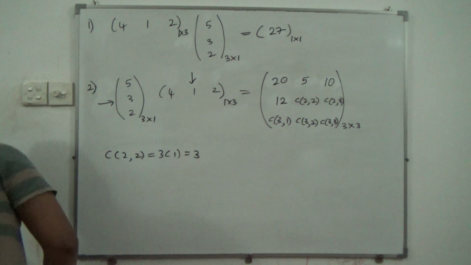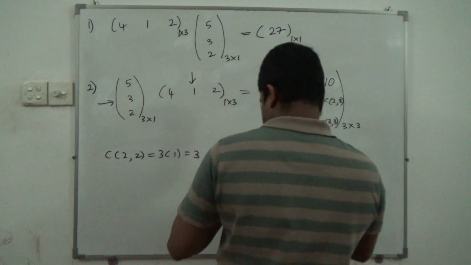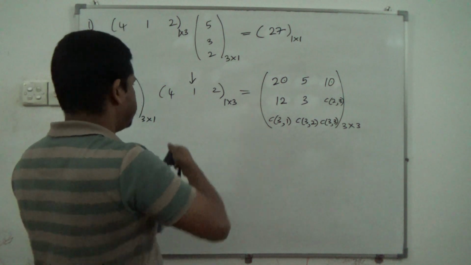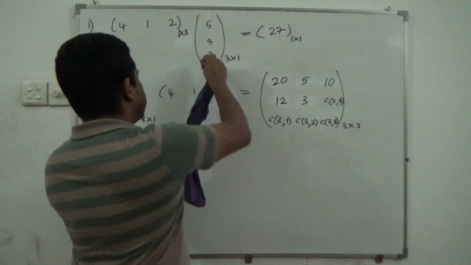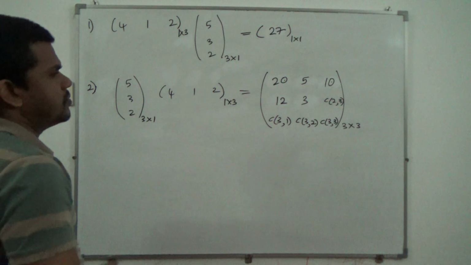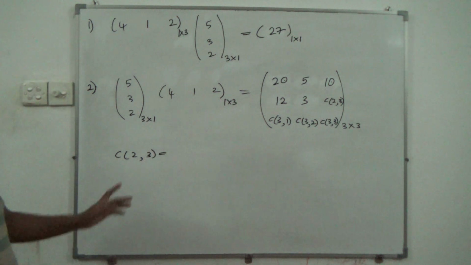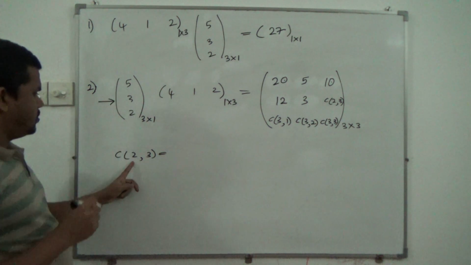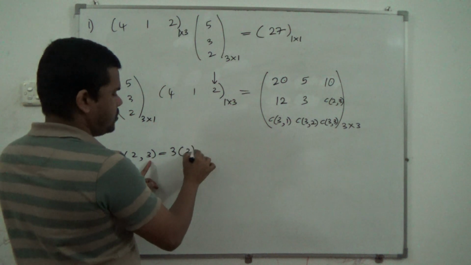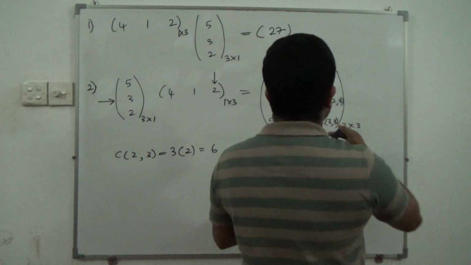Therefore, here we have 3. C2,3: in the first matrix, row number 2, in the second matrix, column number 3. 3 into 2, 6. So, here we have 6.